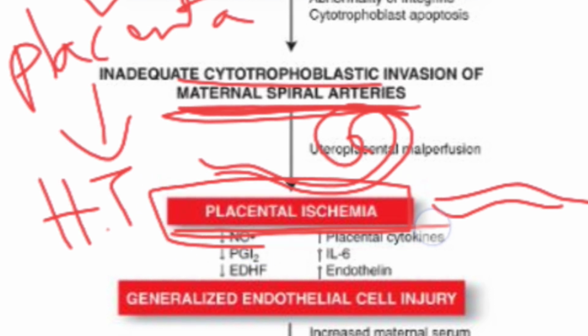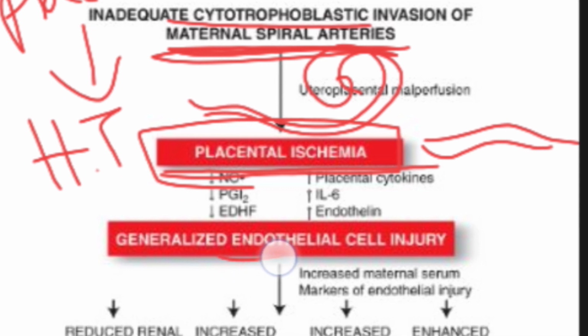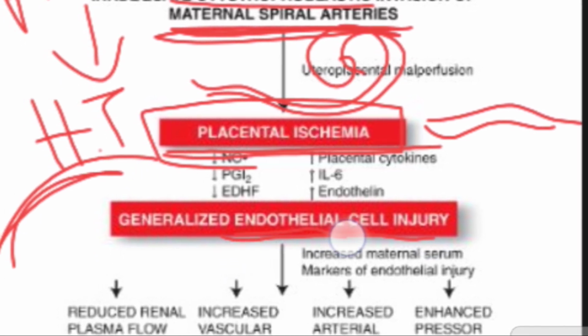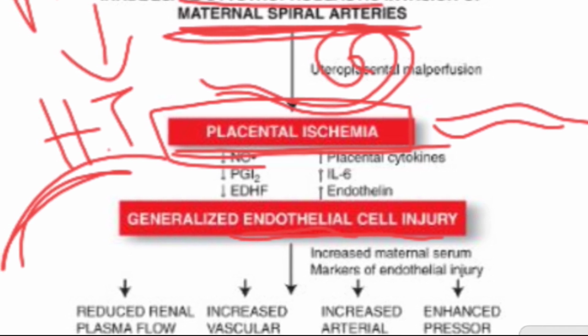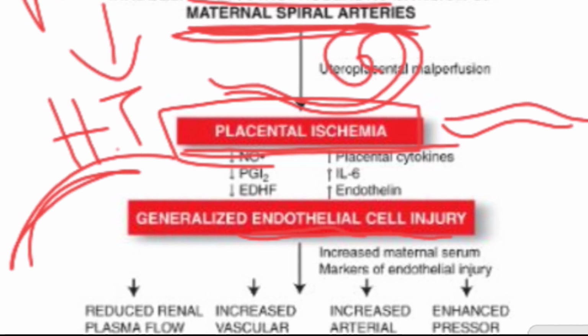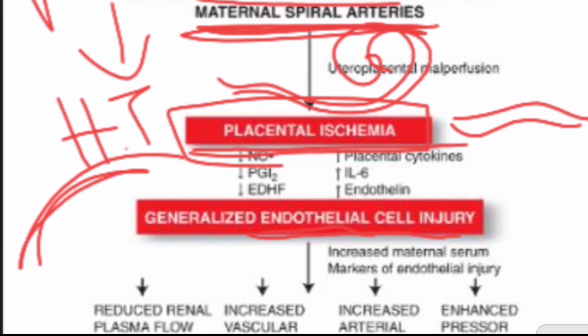In this condition, because not enough blood is sent to the placenta, the endothelium cell layer present in the uterus gets injured. When there is no blood supply, cell damage automatically occurs. If there is damage inside the womb, then the mother sends her blood antibodies to cure it.